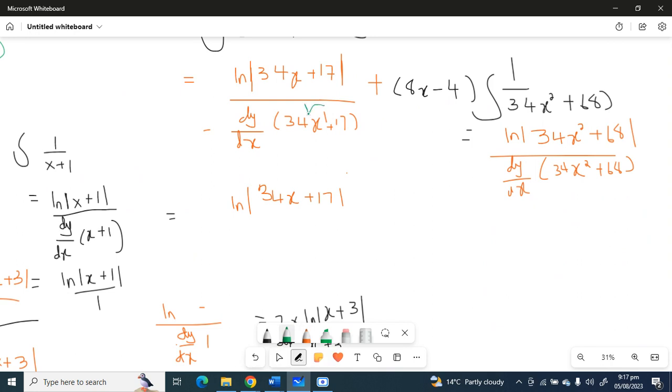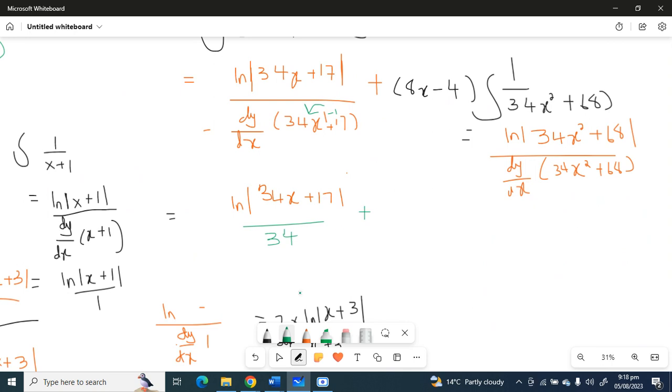So 1 times 34, you get 34. Then you subtract 1 from the exponent. 1 minus 1, that is 0. So you remain with 34x to the power 0. And as I said, x to the power 0 is the same as 1. So you just write here 34. Don't need to write 34x to the power 0 because that x to the power 0 just becomes a 1.